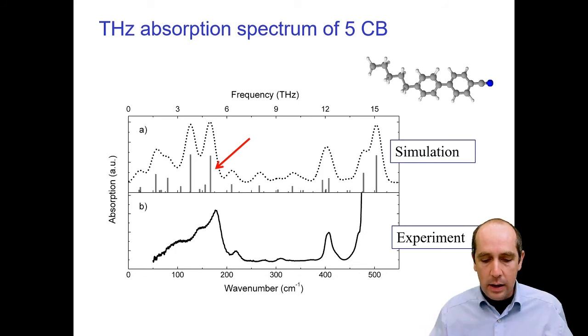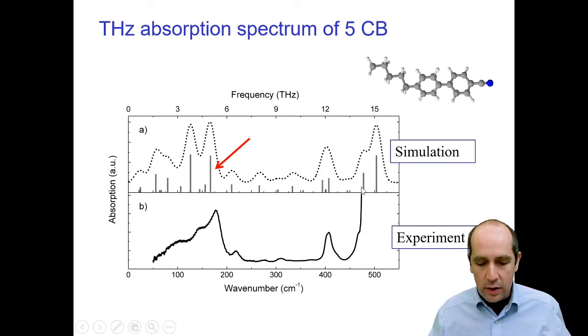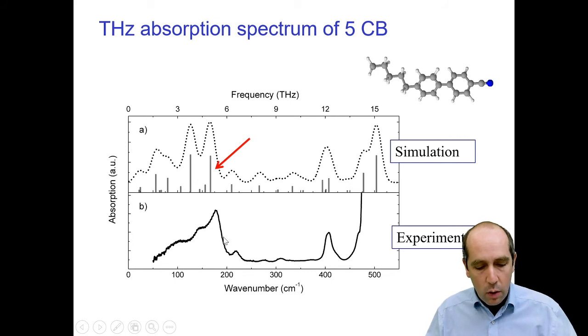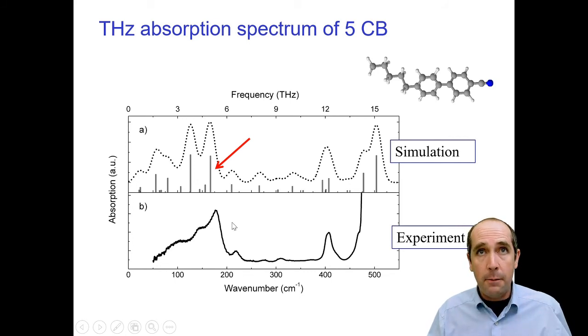All these spikes that you see here are the vibrational frequencies that are calculated quantum mechanically, and if you add some width to each one of them, you can obtain this dotted curve that looks here, and that's a prediction of what the absorption should look like. And as you can see, it more or less fits well with the experiment, and we can look at particular motions.